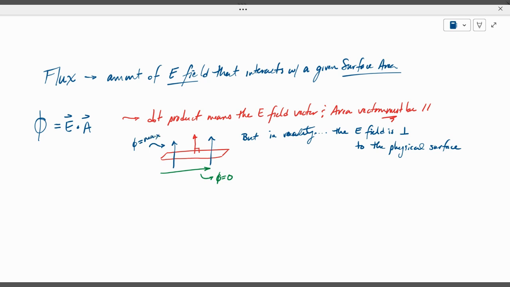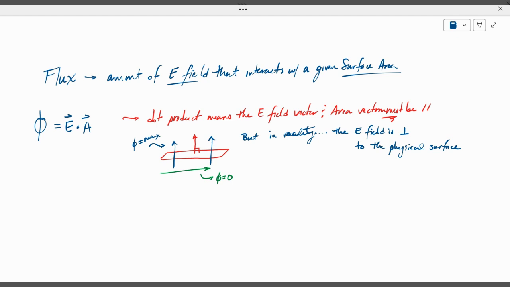Like, well, if there's a max, is there also a min? Well, yeah, you go between a maximum, which is at a right angle, to 0, which is basically parallel. So what that means is that a lot of the electric field is usually not going to be in one of these two cases. It's going to be somewhere in between.